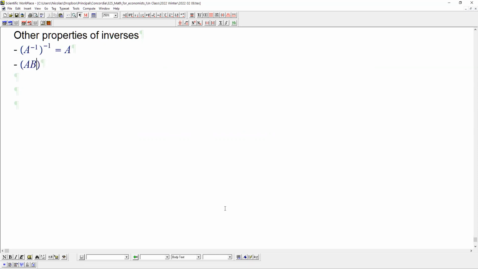For the product, AB inverse is exactly like with transposes: I have to distribute the inverse inside, but also flip the order. There's no way that we ask any question about these; we just say, yes, this is the case. And finally, A inverse transpose equals A transpose inverse.